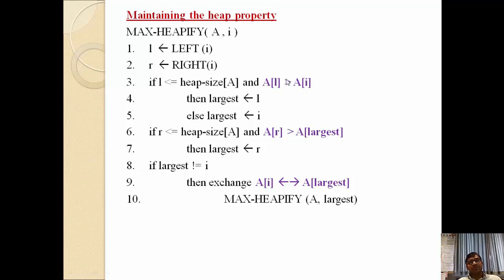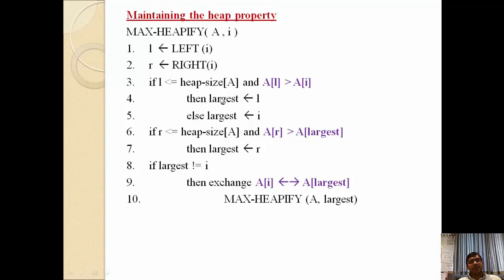So we are assuming that our parent node is the larger one, so we need to check whether A of L, the left child, is greater than the parent node or not. If the left child is larger than the parent node, then largest is equal to L, or we can say the left child is the larger one. If this condition is false, then largest is equal to the parent node.